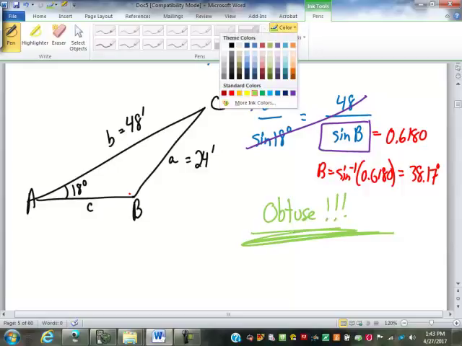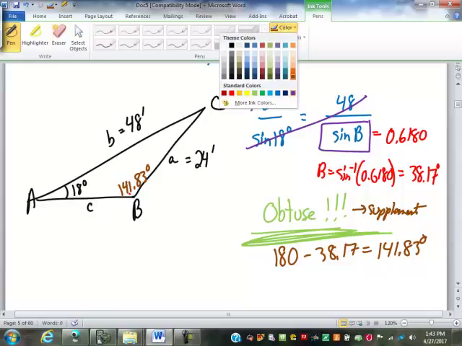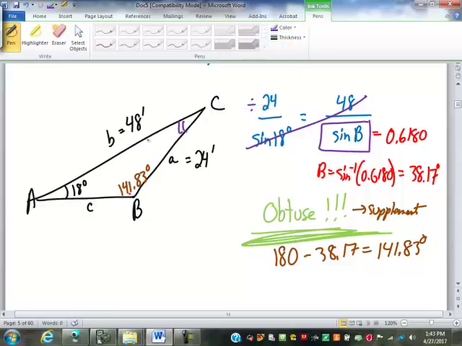Because it's obtuse, we must do the supplement. You got it. 141.83 degrees. Okay. And then, of course, this angle up here is found by subtracting those from 180, which comes up to be 20.17 degrees. And then you can find side C from there.